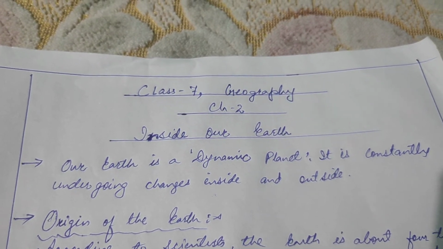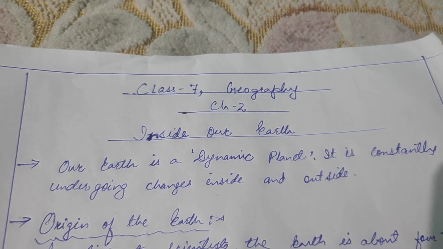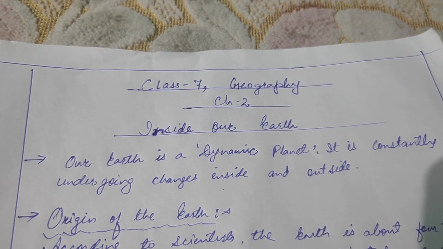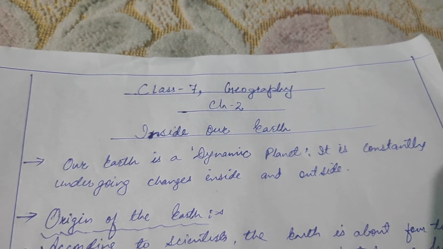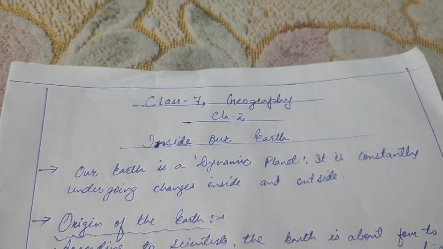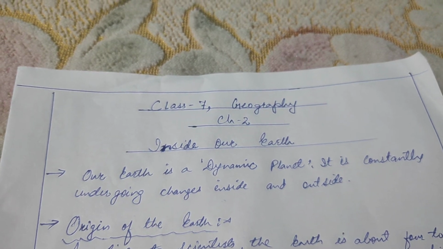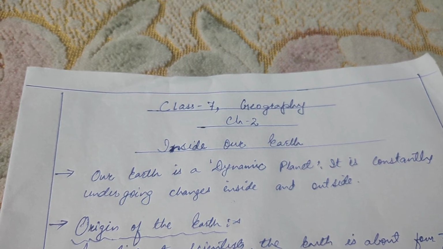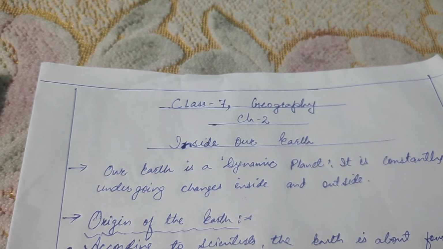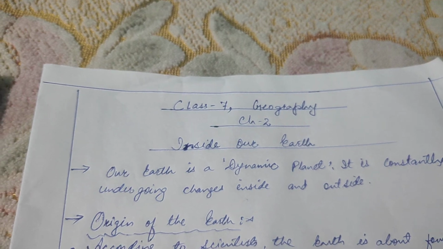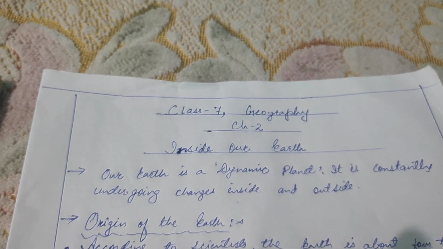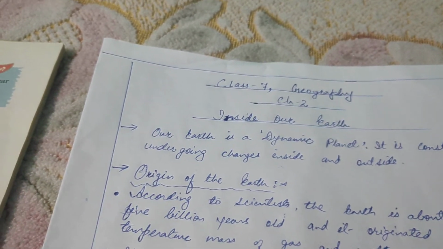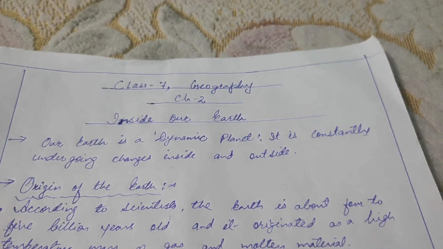It is undergoing changes inside and outside, because changes take place inside the earth as well as on the surface of the earth. The process which takes place inside the earth is known as interior process, and which takes place outside the earth is known as external process.